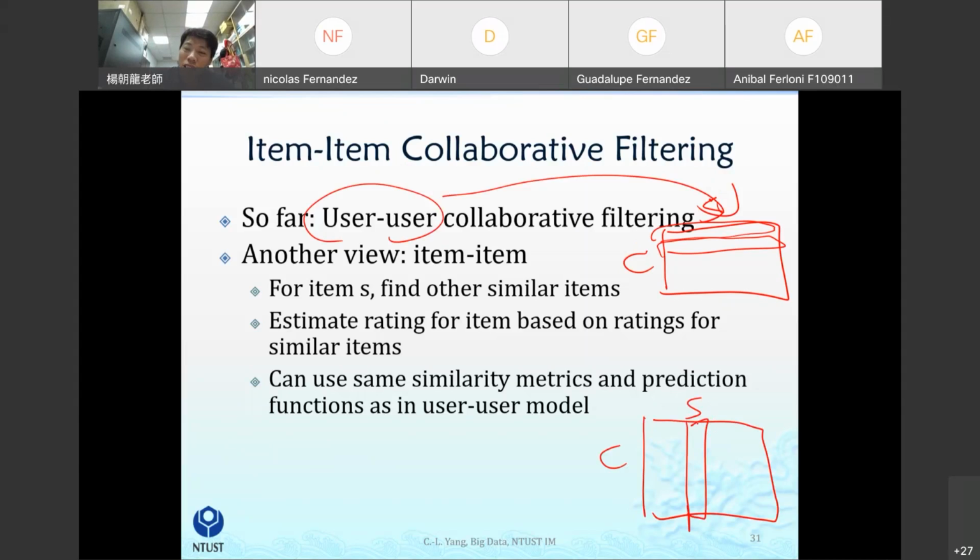But there's another way, where we consider these items, which have other people's ratings, and compare this item with another item. There's one item and we compare it with that, so we can find similar items. This item is similar to another item.